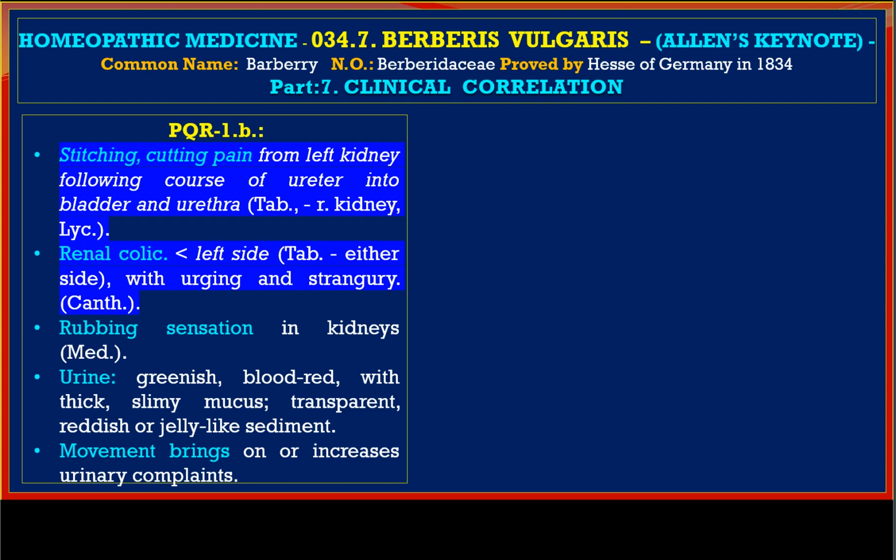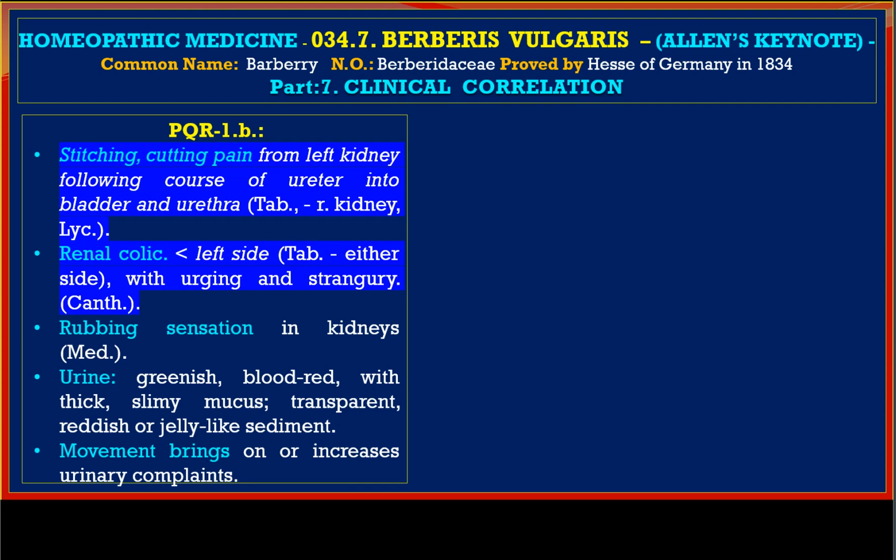And there was also not a very good representation in the Clarke Materia Medica, and even in Boericke I could not get that particular reference in such a way that we can emphatically say the rubbing sensation in the kidney is a very, very important symptom. However, if Allen has given it, we have to give a significant amount of thought to this particular symptom.